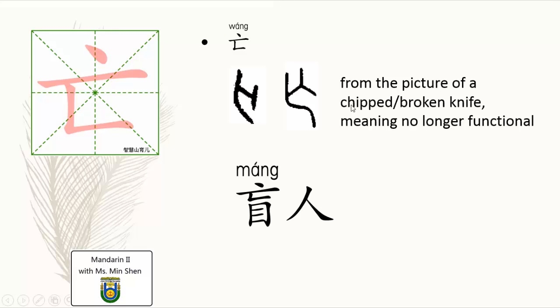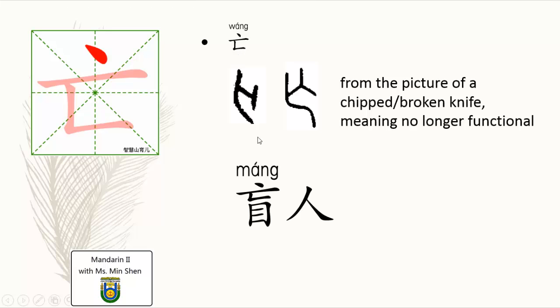So meaning it's a chipped or broken knife, right? Suppose like a knife here, but leave this area open. It's a chipped knife, and later developed to be this form. The knife still there, but the form changed a little bit, and then today become the character like this.